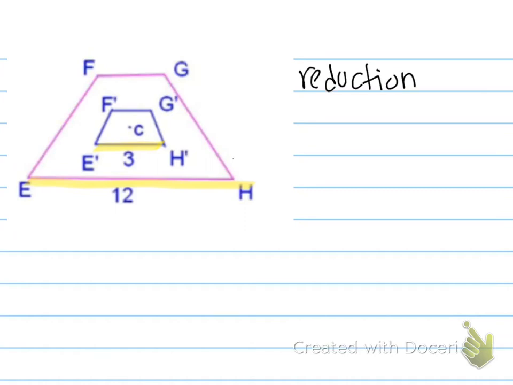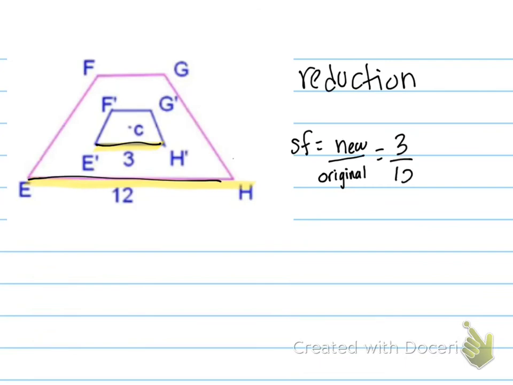Okay. And then we're going to see what the reduction is by. What is the scale factor? The scale factor, reminder, is new over original. My new here is the 3 because that's where the prime is. And then my original is 12. So I'm going to put 3 over 12, reduce that, and you get 1 over 4.